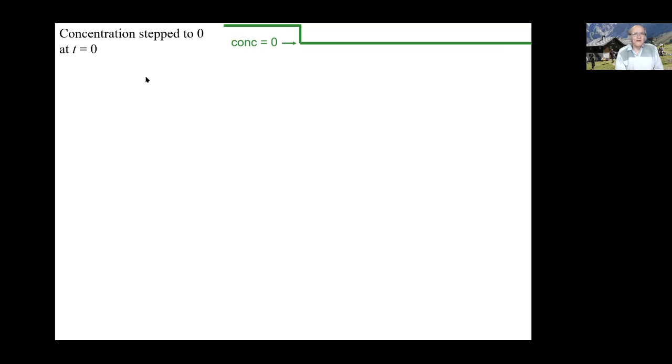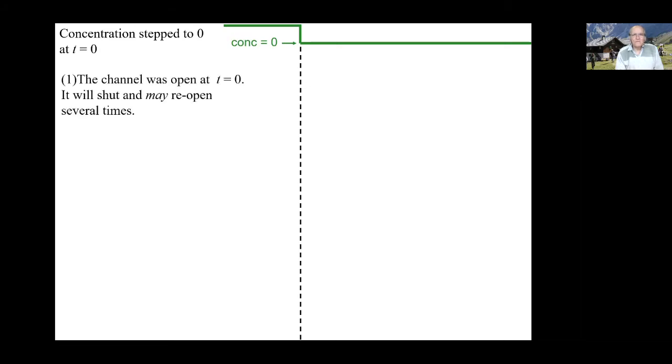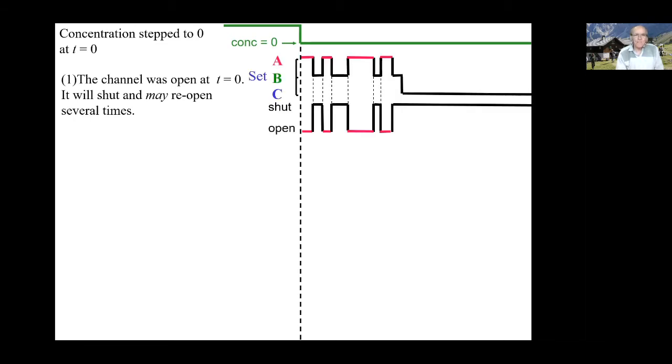This explains why. This is a step to 0 concentration. That line represents 0 time. So what can happen, the 3 cases I've described before, the channel was open at t equals 0. It will eventually shut, but may reopen several times.